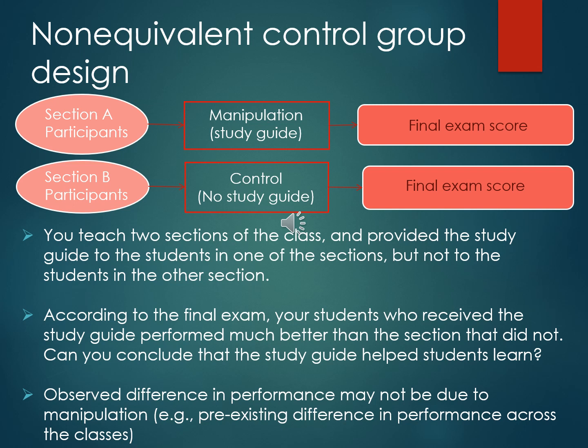So the manipulation, the study guide, is given to class number 1, and the control condition is assigned to class number 2. However, the problem is there may be naturally existing differences between these two groups of people. That's why, again, this is not the perfect control, and it undermines the internal validity.